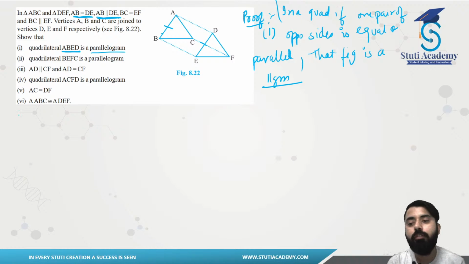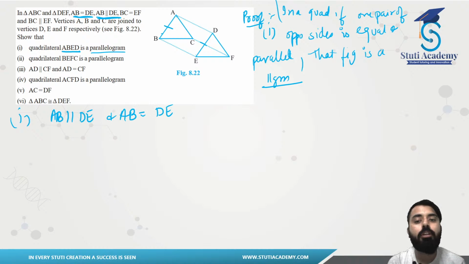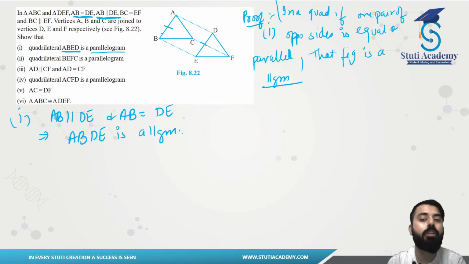So for the first part, I can easily see AB is parallel to DE and AB is equal to DE. Therefore, one pair of opposite sides is equal and parallel. This implies ABED is a parallelogram, right? AB ED, sorry, not DE, AB ED.